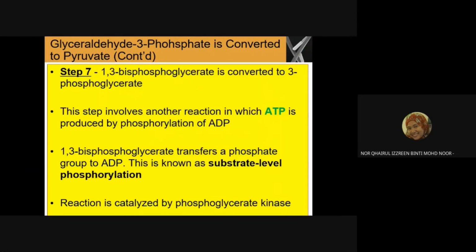Step number 7 is a conversion of 1,3-bisphosphoglycerate to 3-phosphoglycerate. This step involves another reaction in which ATP is produced by phosphorylation of ADP. 1,3-bisphosphoglycerate transfers a phosphate group to ADP, and this is known as substrate level phosphorylation. This reaction is catalyzed by phosphoglycerate kinase.